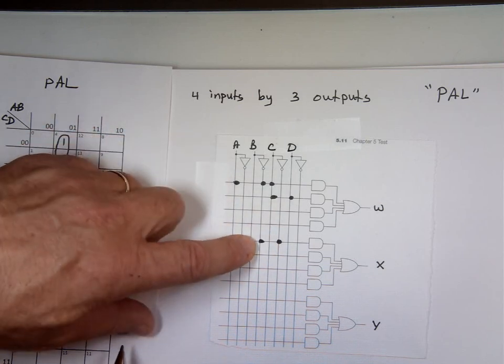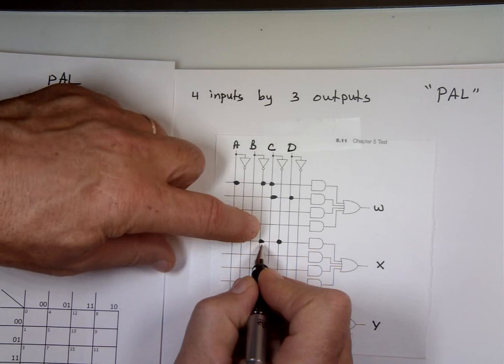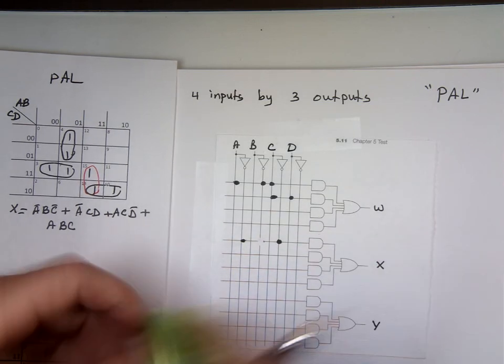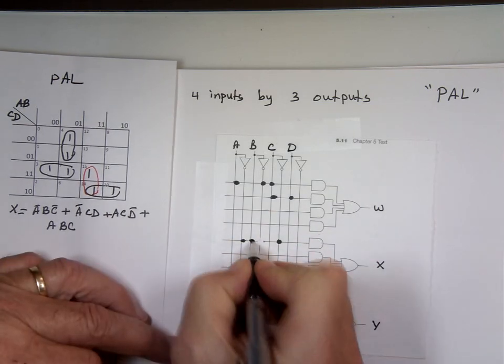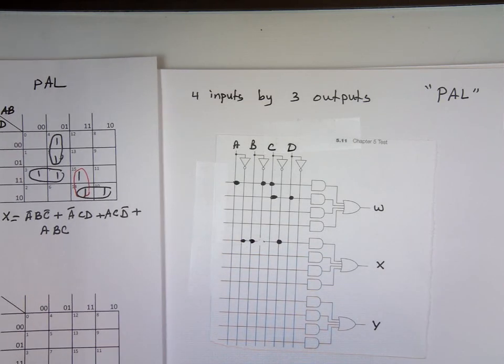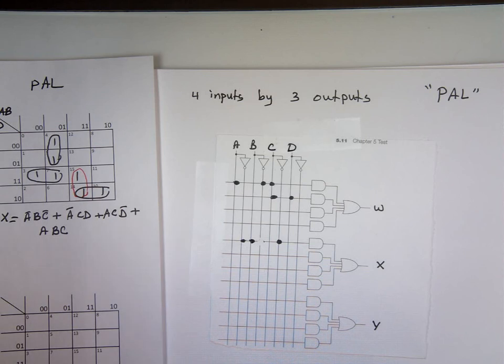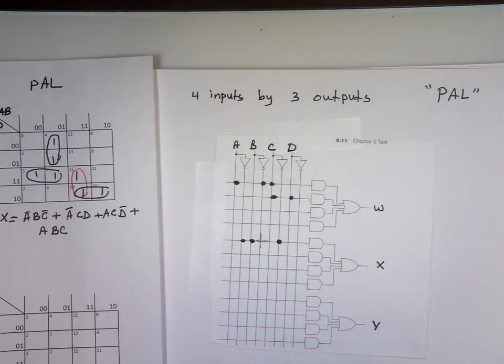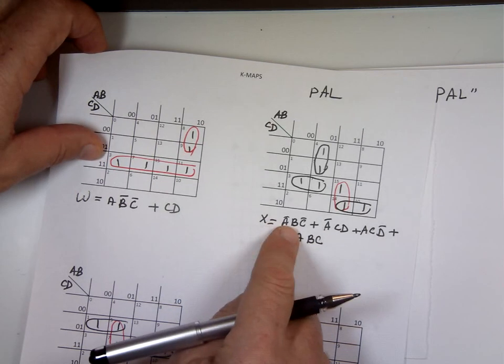Yeah, that's B bar, that should be B. Oh, I see what you're saying. I'm looking at the first gate. A bar, B, not B bar. A bar, B, C bar.